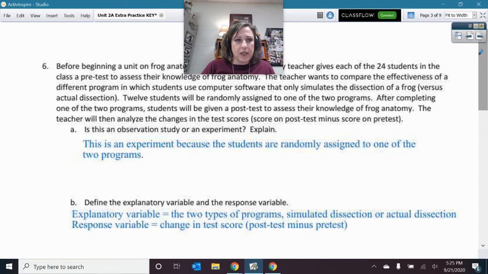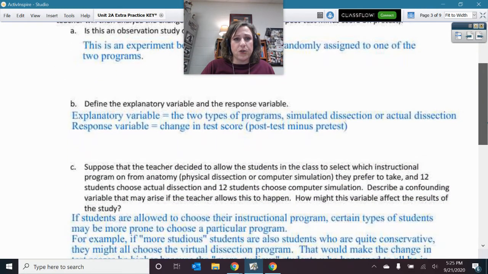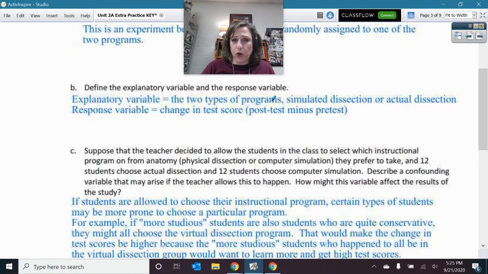So this was an experiment because the students were randomly assigned to one of the treatments. The explanatory variable were the two types of programs, either simulated dissection or the actual dissection. The response was the change in the test score, not just test score, but the difference between their test scores, post-test minus pre-test.